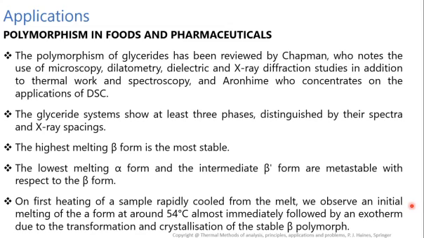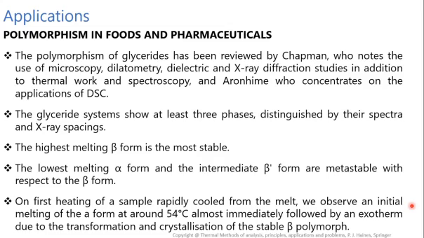Along with that, Aaron Mine concentrates on the applications of the DSC. Generally the glyceride system shows at least three phases, which are distinguished by using some spectroscopic methods and the X-ray spacings between them. If you consider a particular glyceride molecule, it exists in three different forms.